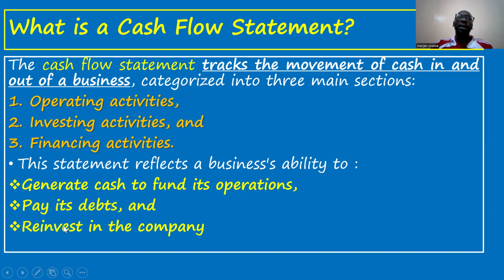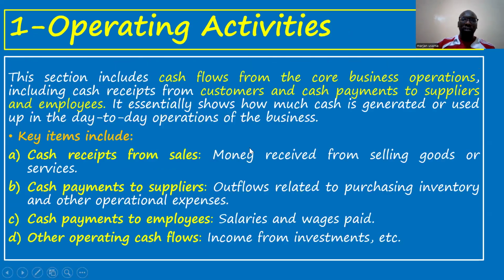Number two, pay its debt. It helps us know whether we can meet both our short-term and long-term obligations. Then lastly, reinvest in the company. When you want to invest or reinvest, you need to have money. If you don't, it is going to negatively affect your business. So the cash flow statement will help us understand all these things.